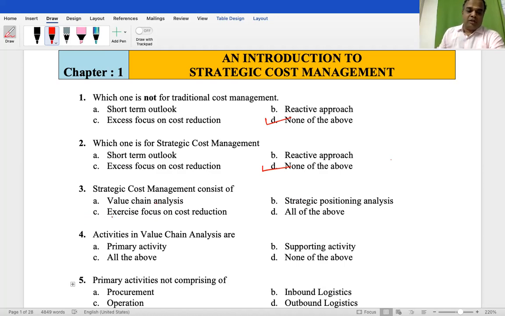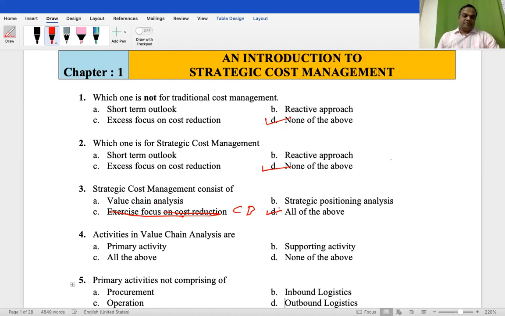What's the one more thing? Cost driver analysis, not cost reduction analysis. Better we can change the C to cost driver analysis. Then all of the above is the correct answer, because A and B are the only correct ones. So strategic cost management consists of value chain analysis as well as cost driver analysis as well as strategic positioning analysis. All of the above is the correct answer.